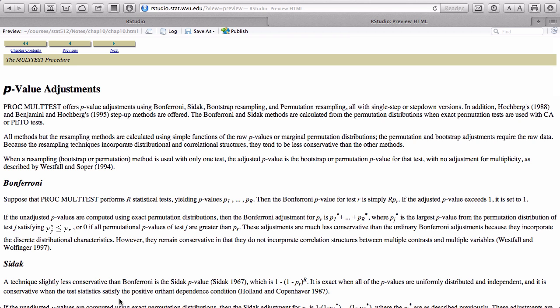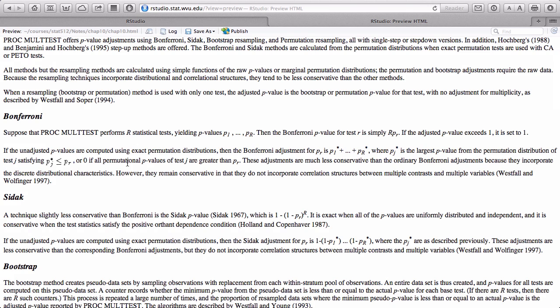And you can see that for the Bonferroni, they're using R, capital R, as the number of tests. So they're simply saying R times the p-values, and if it exceeds 1, set it to 1. So we could actually write some R code to reproduce that matrix you see for the adjusted p-values.